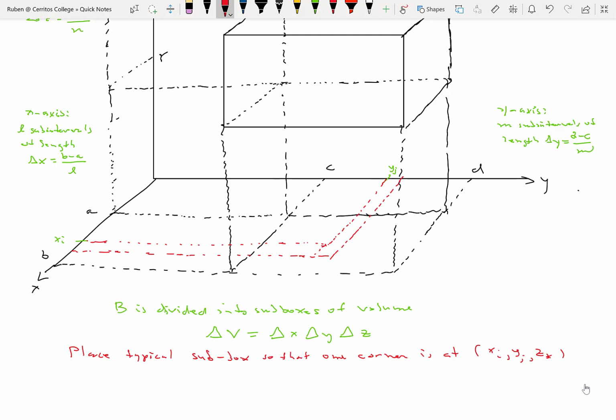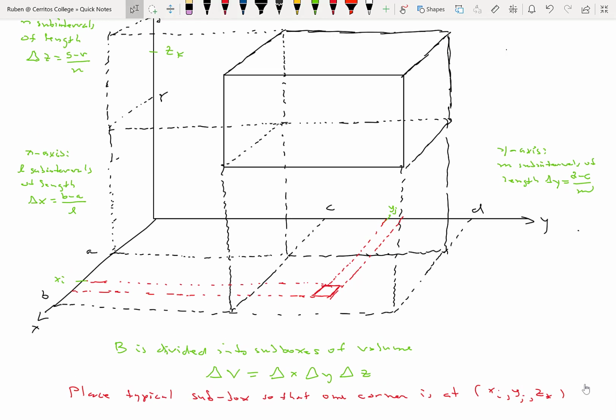So what you should see is a little rectangle in the xy plane. That's the projection of our sub-box that's going to be directly above us in the big box B in 3-space. From the point x sub i and y sub j in the xy plane, I'm going to go up to z sub k in the box. Here's z sub k in the box.